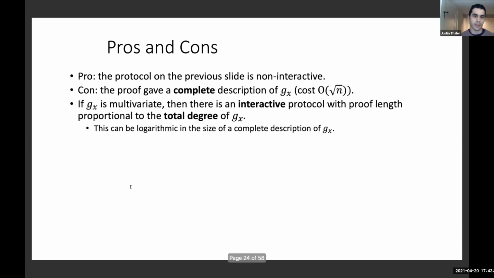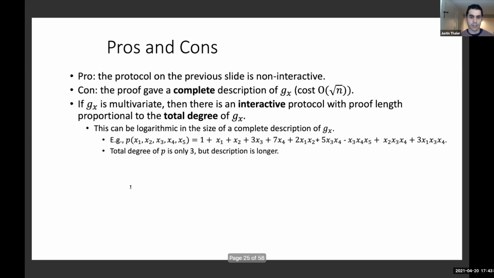It turns out that if the polynomial to be summed were not univariate but multivariate, then there's an interactive version of this protocol where the proof length is only proportional to the total degree of that polynomial. And that total degree can be much, much smaller than a complete description of the polynomial. As an example, I drew on the slide a 5-variate polynomial of total degree 3.